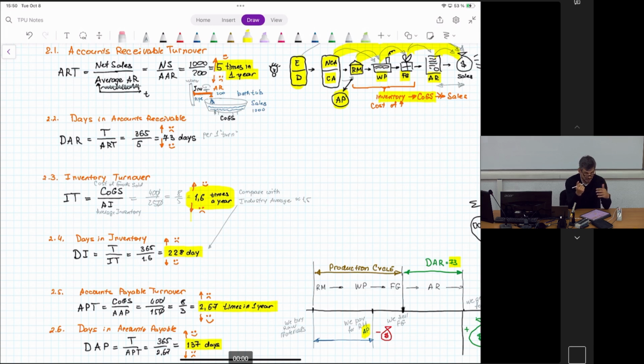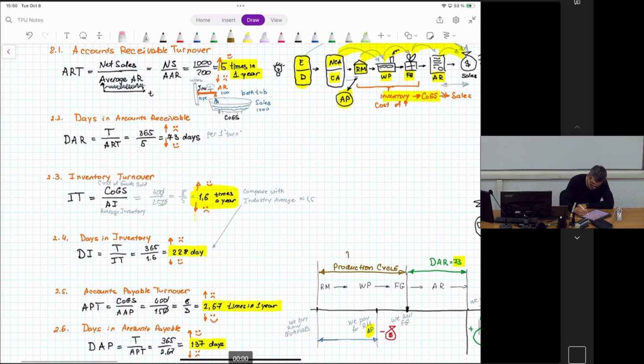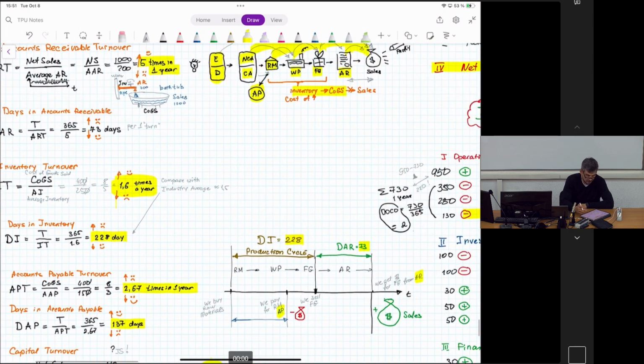So how many days on average does it take to convert our raw materials into finished goods? It is in the 2.4 ratio. So I can write here, these are days in inventory, and it equals 228 days. I will highlight this too. So we are making progress.